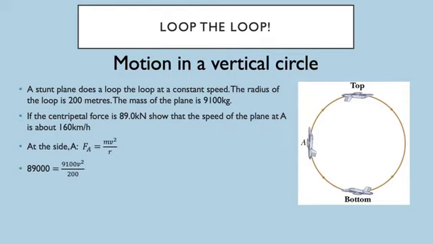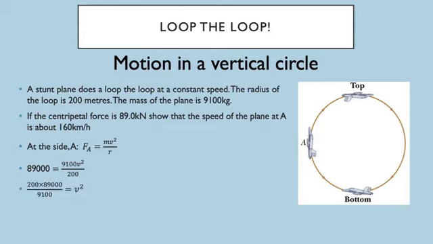So we know that the centripetal force is 89.0 kilonewtons, 89,000. And the mass is 9,100 here, so we put m in here. V squared, that's what we're trying to find out. And we know that the radius is 200.